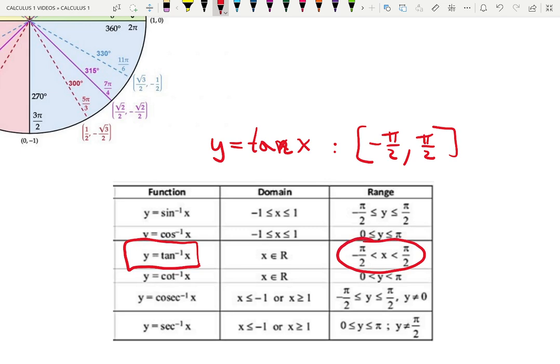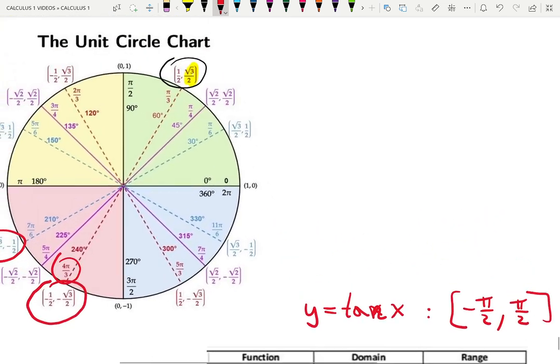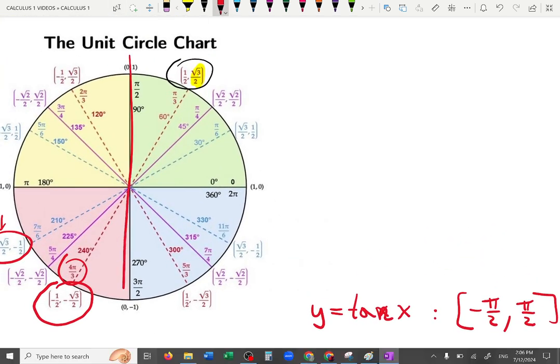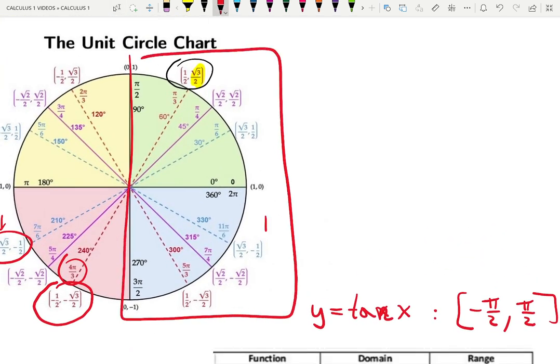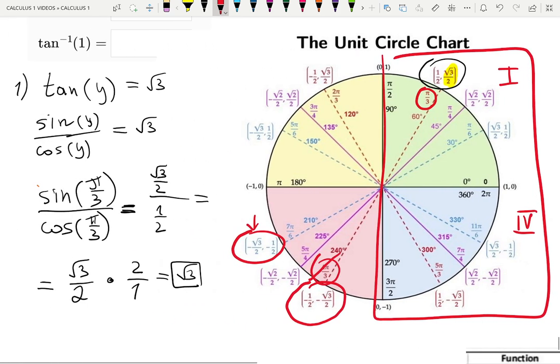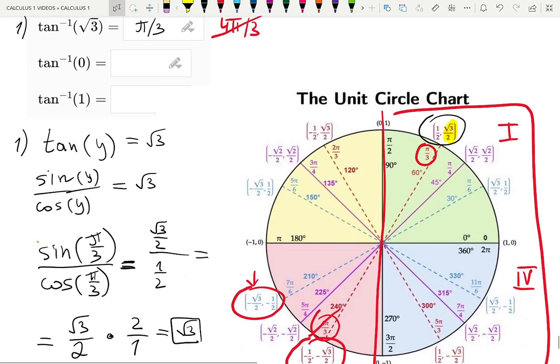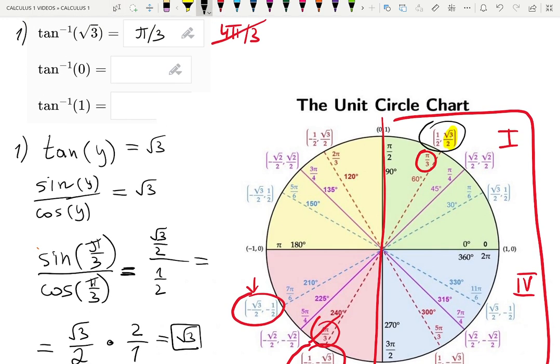And we only can look at the first and fourth quadrant, minus pi over 2 to pi over 2, that's what I wanted to say. In that area, we can only use one answer, pi over 3. So 4 pi over 3 is not going to work. And that's basically the only complication for these types of problems. You have to keep in mind the restricted domain situation.